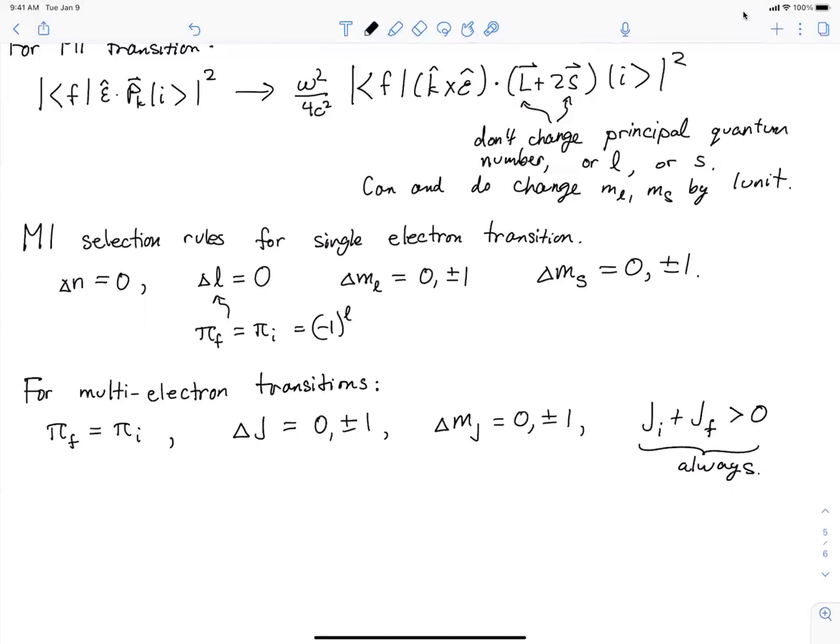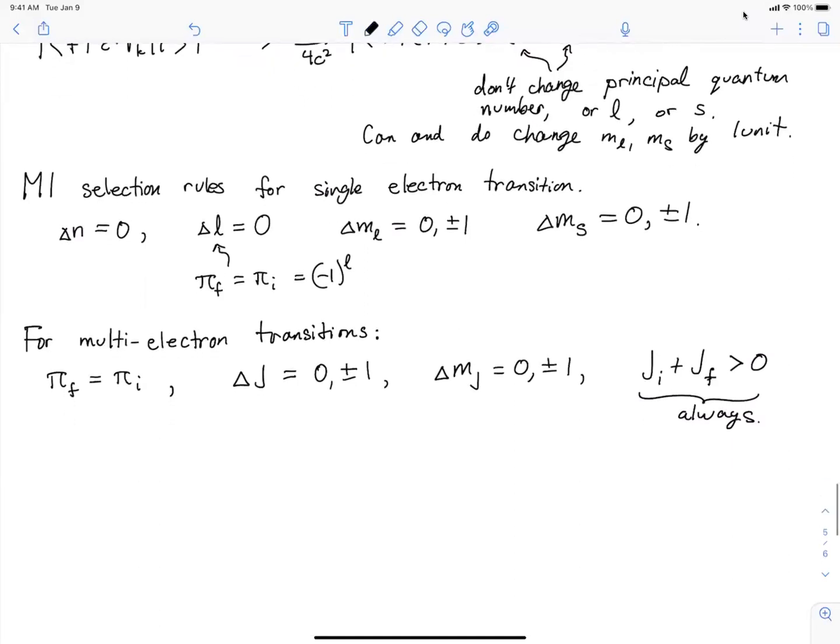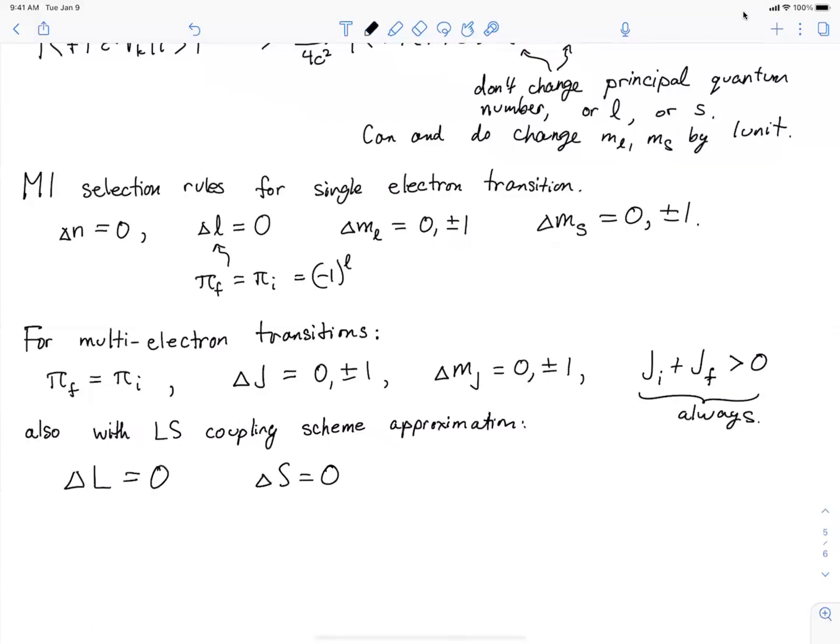Okay, and then also if you work out the consequences of this operator within the Russell-Saunders approximation, so to the extent that the Russell-Saunders or LS coupling scheme is valid, which remember is not exact when the atomic number is very large, then you don't change L and you don't change S. And again, it's for the same reason that we've been talking about.